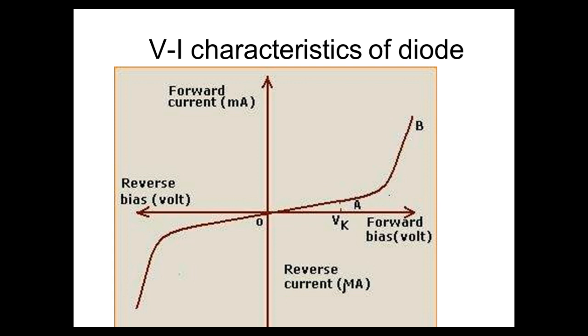You can see the x-axis on the right-hand side is forward bias voltage, and on the left-hand side reverse bias voltage, and the y-axis on the top side is forward current, and on the bottom side reverse current. They are doing an experiment with the p-n junction diode. If they slightly increase the forward bias voltage, how much current is getting produced?